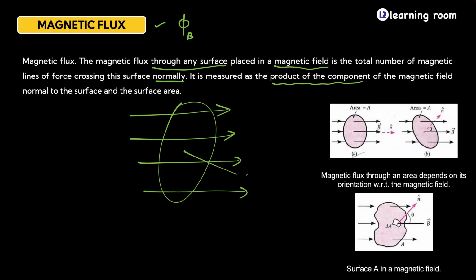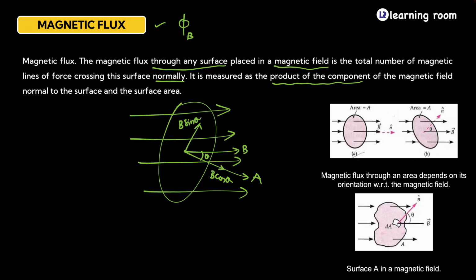If I take this as A, makes sense? This is the area vector and this is going to be B. If I take this angle to be theta, then the magnetic field can be resolved into two components. One is B cos theta and the other is B sin theta.